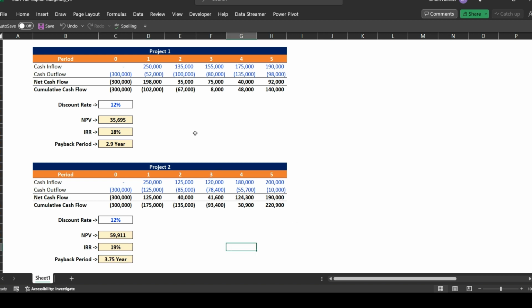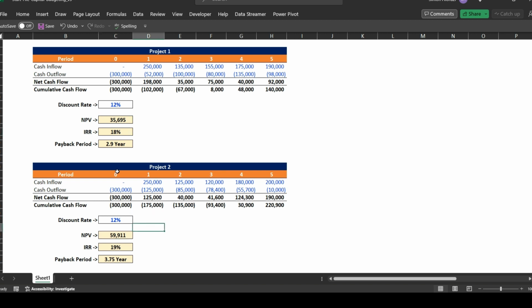So now let's consider this. When you look at the same rate for each of them, the project NPV here is 35,000 and 59,000. So looking at NPV, project 2 maximizes the shareholder return more than project 1.